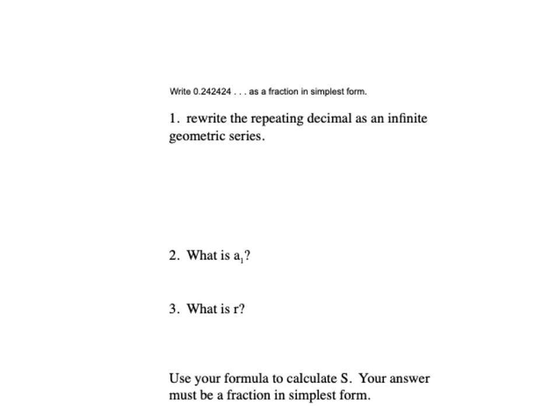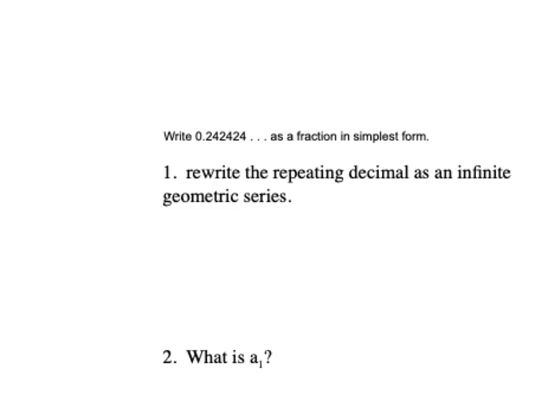The first example here is the decimal 0.24242424. That 24 is repeating all the way out to infinity. So the first thing that we do is we rewrite the repeating decimal as an infinite geometric series. What that looks like is our first term is going to be whatever that first repeat is of our decimal.